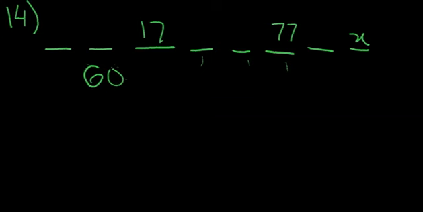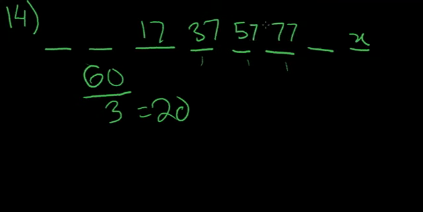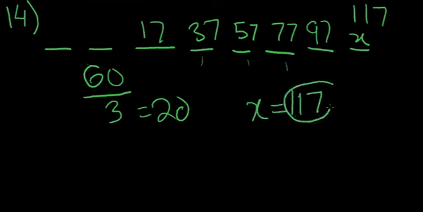And since the distance is equal, if we do 60 divided by 3, we get 20. So each time it goes up by 20, or the difference is 20. So this is 37, this is 57. Likewise, after 77, this is 97, and this is 117. So x equals 117.